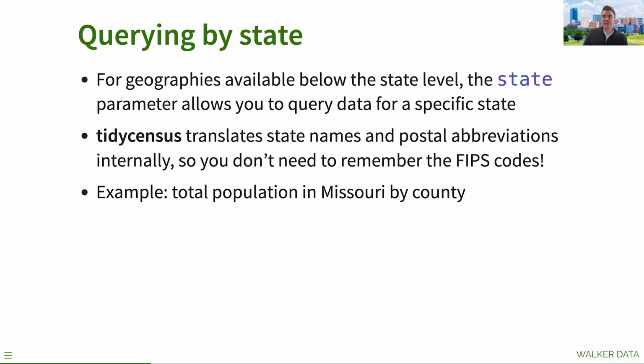I live in Texas, and I know our FIPS code is 48. I don't have many of the others memorized, except that Alabama is 01 because it's the first state alphabetically, and Wyoming is 56 because it's the last. Outside of that, I don't have them memorized, and I work with census data all the time. So tidycensus does that translation for you.